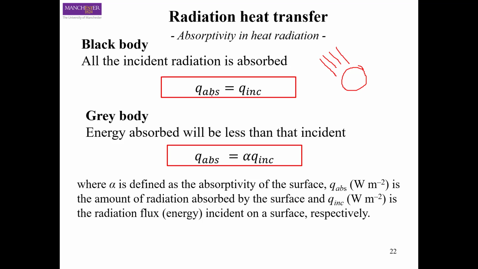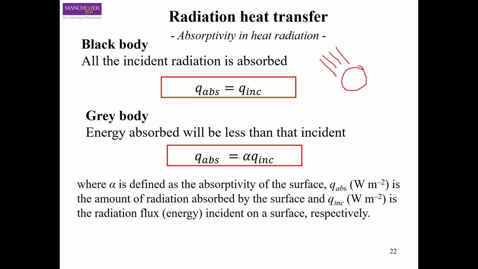For the case of a gray body, the amount of energy absorbed by the object will not be equal to the amount of energy in the incident radiation, and only a fraction of the incident energy is going to be absorbed.